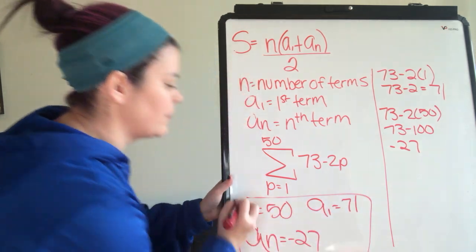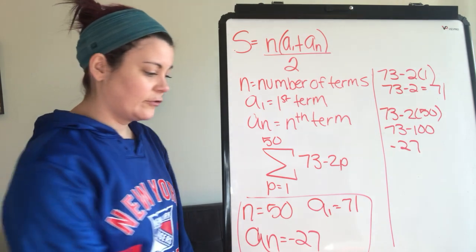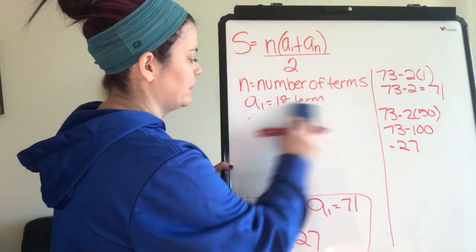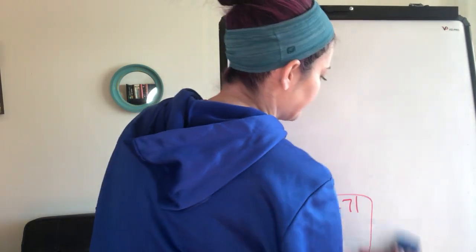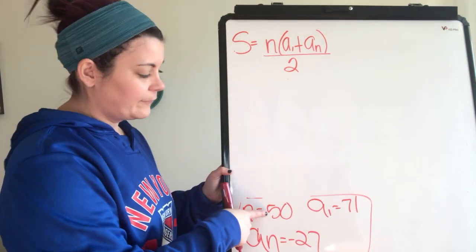So we have all of these, and now we can put it into the equation to solve for the sum. So I'm going to erase it, and we're going to do the sum. So n is 50.